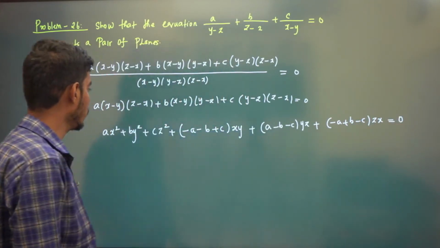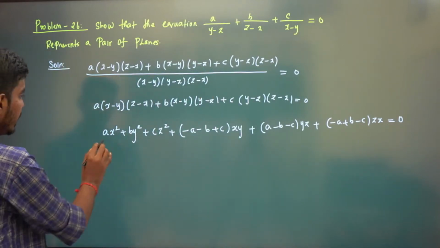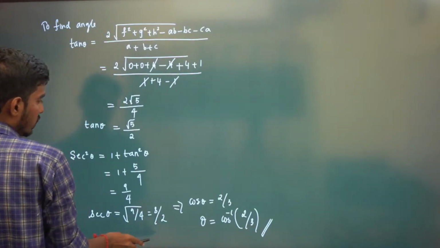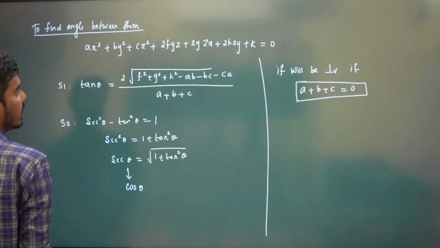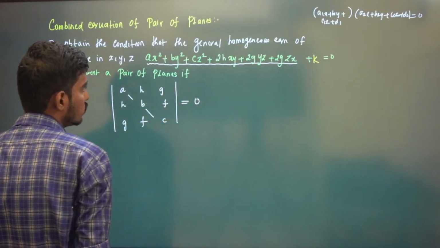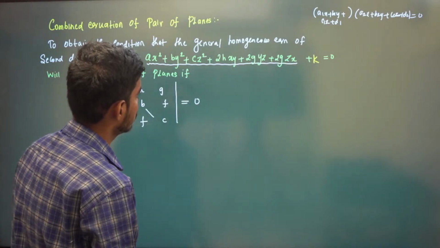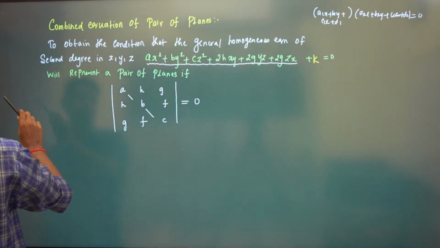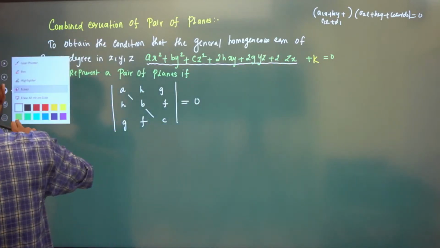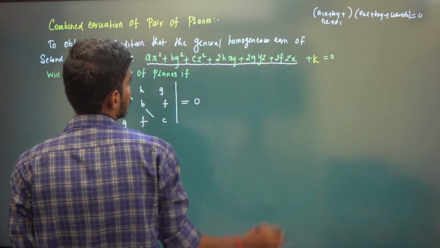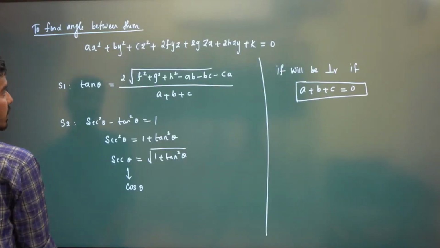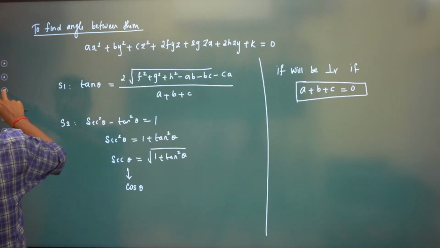This is what you will have after simplification. So a is a, b is b, c is c. This is what xy, yz, zx. So h, g, f, right? 2h, 2g, 2f. So here also we will write in this pattern only: 2hxy, 2gyz.